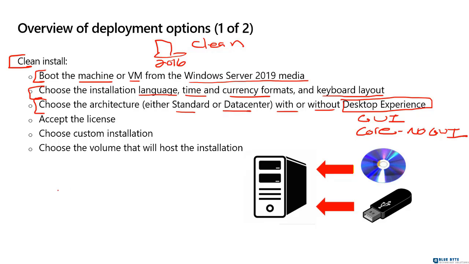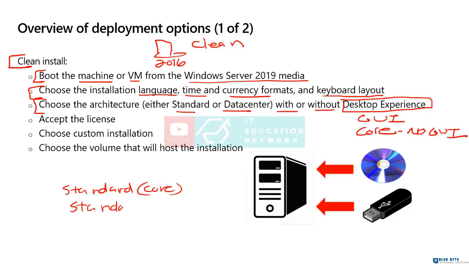So when you install, it's going to ask you if you want Standard Core, or if you want Standard, I'm going to say DE for desktop experience. So no GUI here, you have a GUI here.